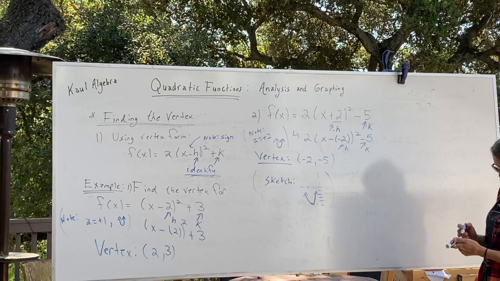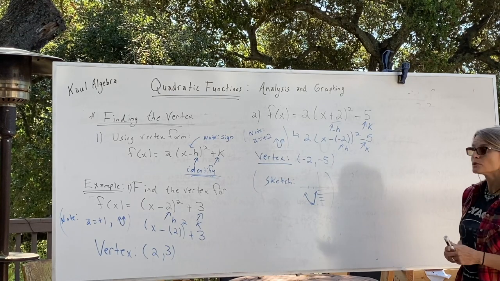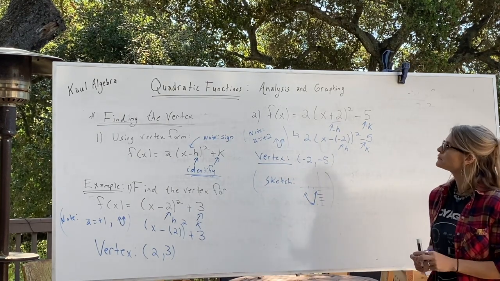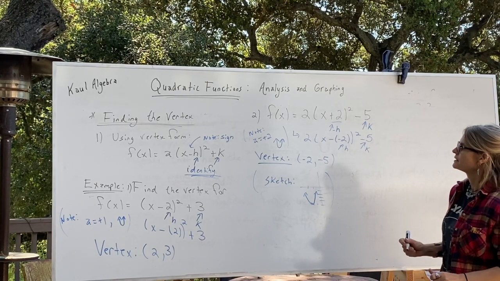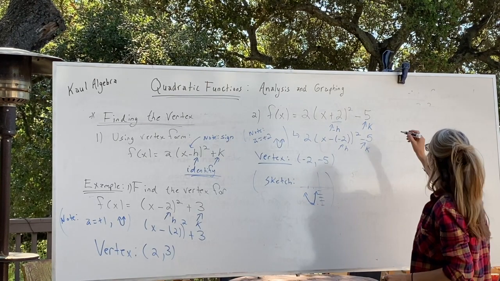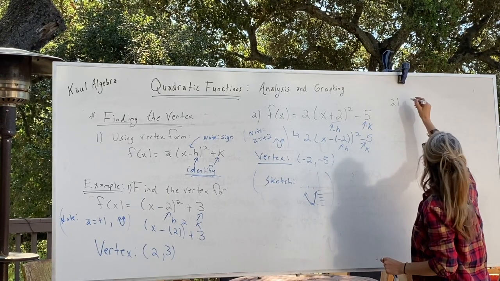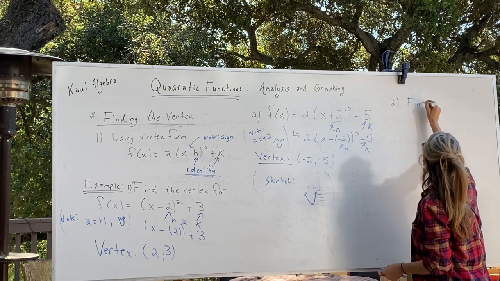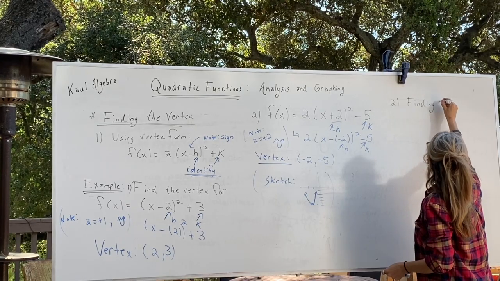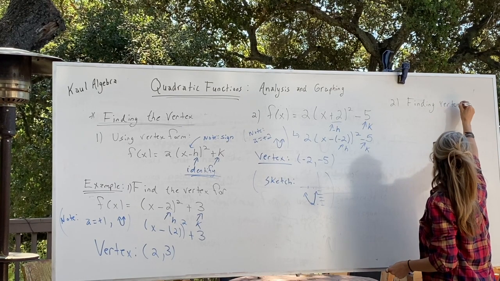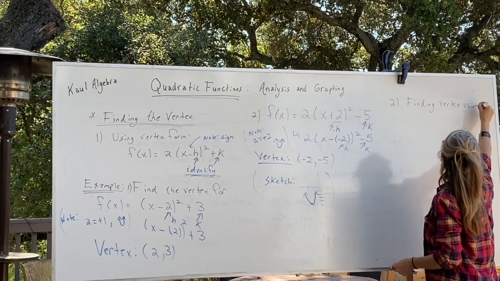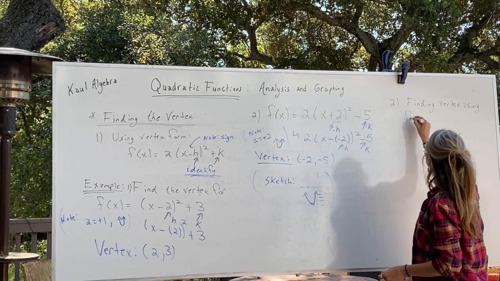Okay. Next, let's take a look at how to find the vertex using our other method. So the second method, number 2, is finding the vertex using your formula.